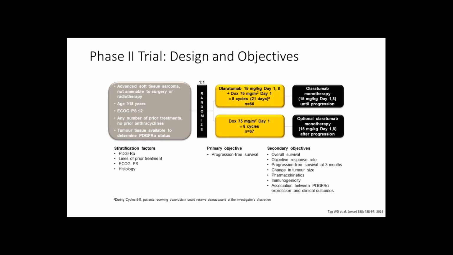And because in this trial patients received 8 cycles of doxorubicin, which is more than the standard 6 cycles usually given, the risk of heart damage increases dramatically after 6 cycles of doxorubicin at a dose of 75 milligram per meter squared. The investigators within the trial could use the cardioprotective drug dexrazoxane from cycle 5 onwards, and that was at the discretion of the treating investigator.